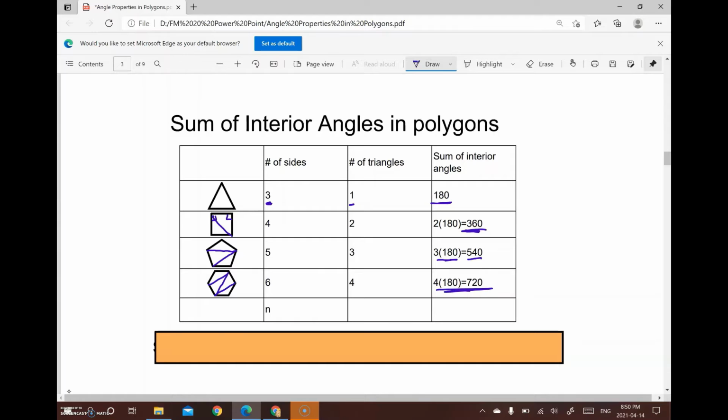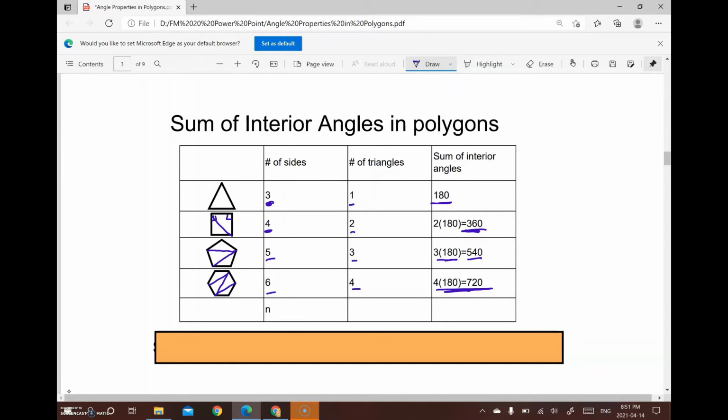So 4 times 180 is 720. Is there a pattern that we're noticing here? So looking at the number of triangles, we go from 3 sides, we can make 1 triangle. 4 sides, we can make 2 triangles. 5 sides, we can make a minimum of 3. 6 sides, we can make a minimum of 4.